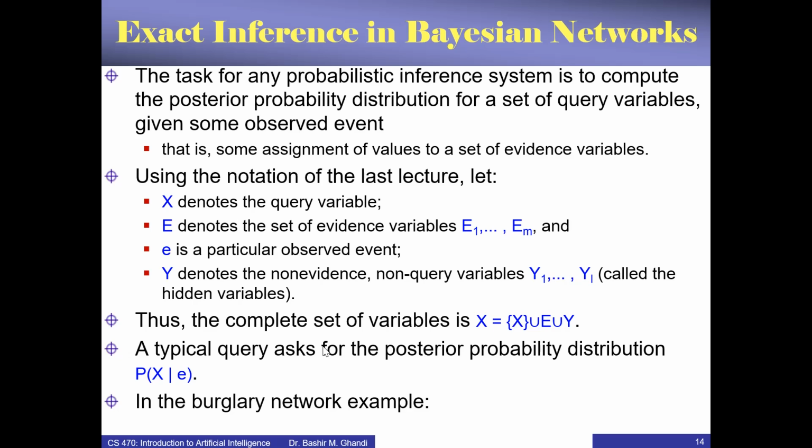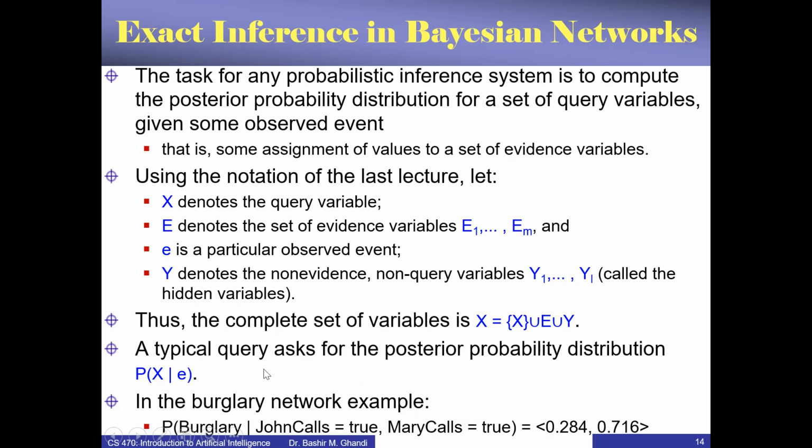Now, in the burglary network example, we will want, for example, to be able to answer what is the probability of burglary occurring given that John calls and also Mary calls. So you can see the query variable is burglary. The evidence variables are John calls and Mary calls.